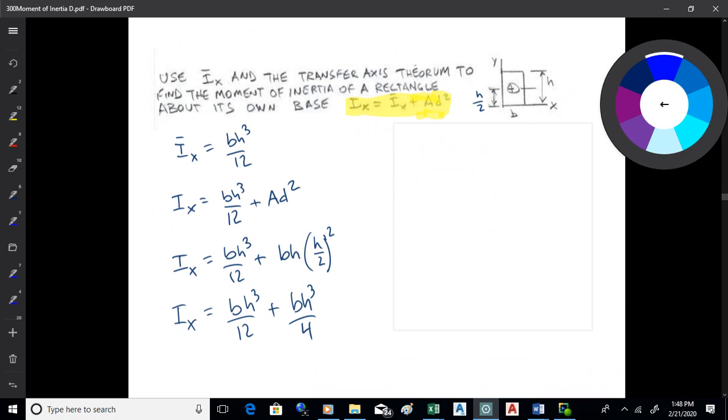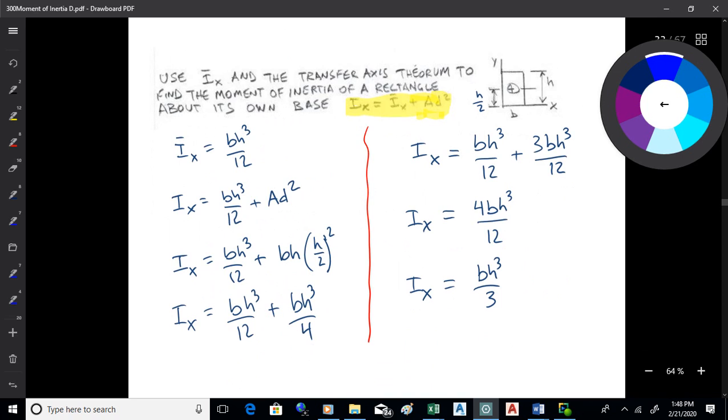So b h cubed over 12 plus b h times (h over 2) squared is b h cubed over 12 plus b h cubed over 4. And then we got to go back and remember our fraction facts there. For b h cubed over 4, we need a least common denominator. We got to multiply top and bottom by 3. So b h cubed over 4 is 3 b h cubed over 12. So b h cubed over 12 plus 3 b h cubed over 12 is 4 b h cubed over 12, which simplifies to b h cubed over 3. So that's the moment of inertia about its own base using the transfer axis theorem.